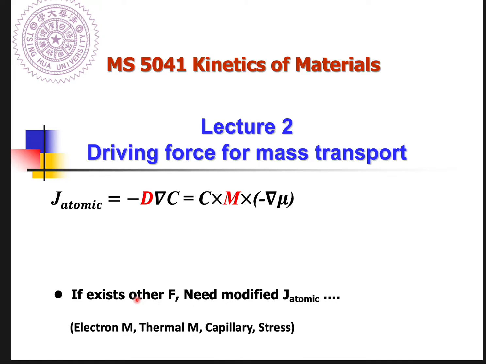For example, if you apply an electrical field or a temperature gradient on your materials, how do these two driving forces affect the atomic flux? Does that affect it a lot or just a tiny bit, so that we can ignore it?